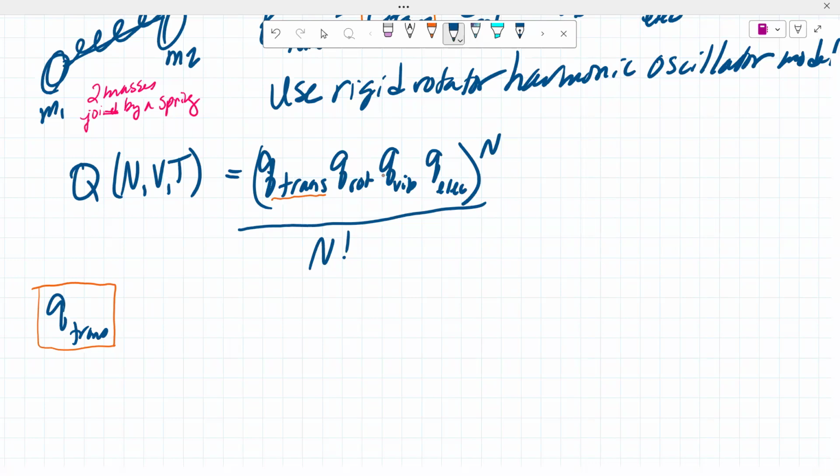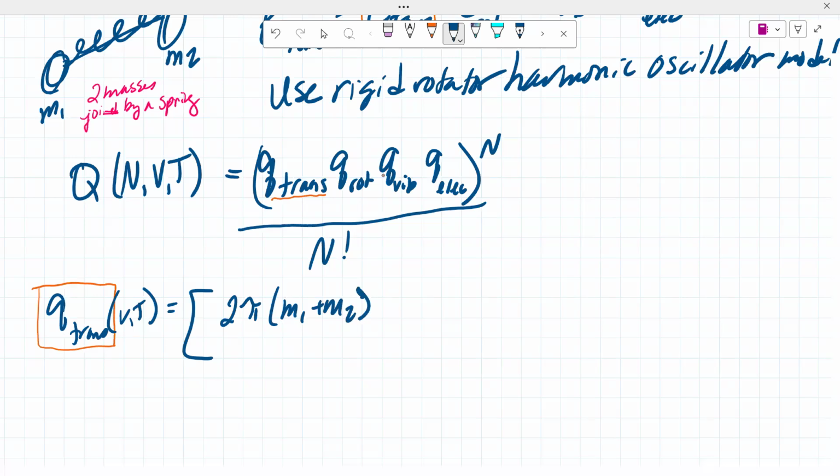Back to the pen. All right, q translation of V and T equals, oh, probably the highlighter would be better. All right, q translational equals 2 pi and one. Where does all this stuff come from?